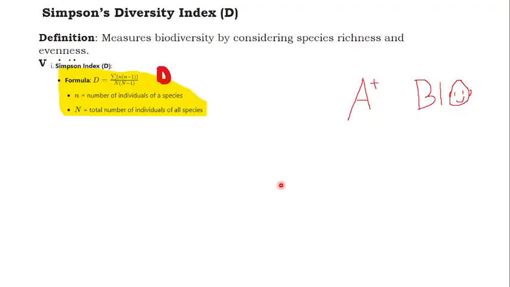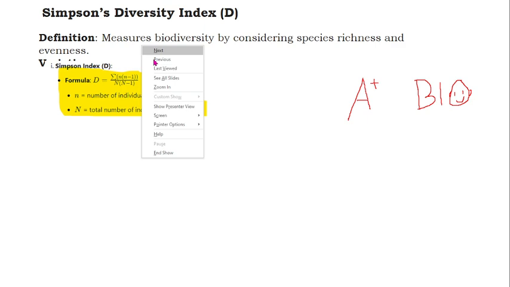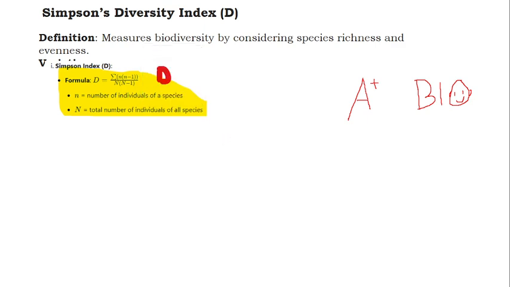So we reach another very, very important concept called the Simpson index. Definition: the Simpson index measures biodiversity by considering species richness and species evenness. I will explain those terms.